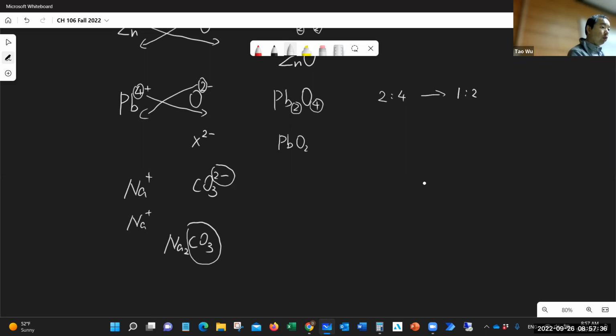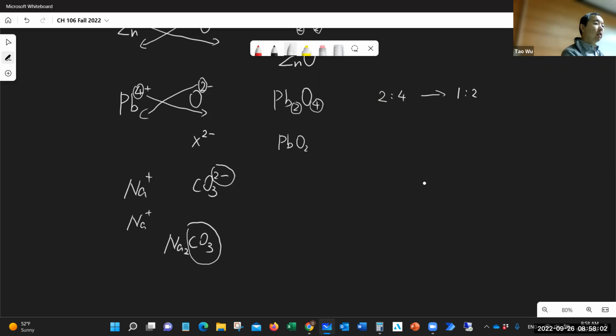It's not showing 3 carbonate ions, because CO3 2 minus is 1 carbonate ion. The 3 is the 3 oxygens inside 1 carbonate ion. Okay, so this one looks easier.